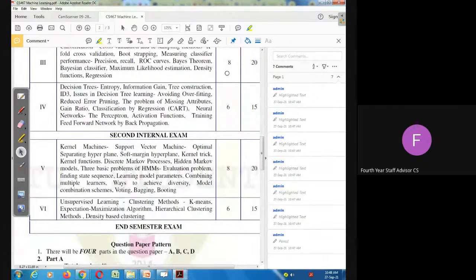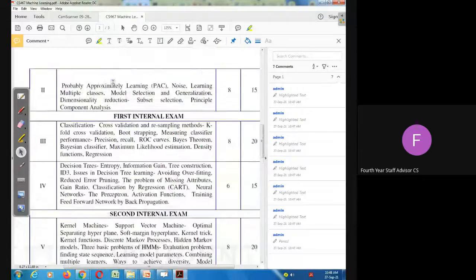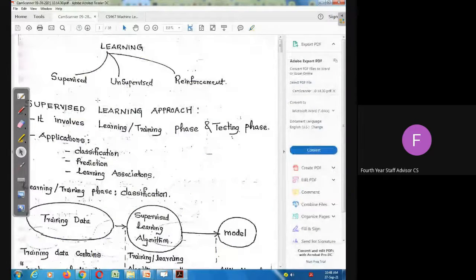I am starting from the first module, and in the previous semester itself you studied some different types of learning. Machine learning is a subject which deals with the different types of learning that a machine can do.